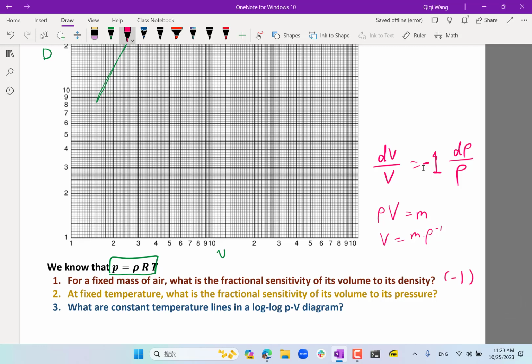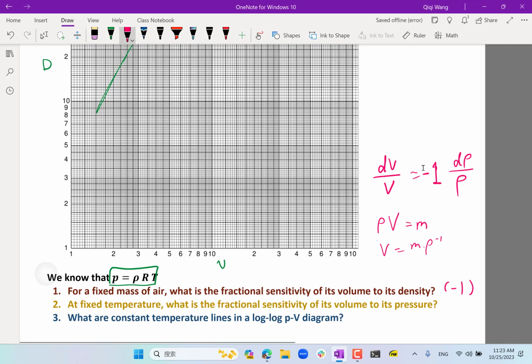And that means that if the x and y axes are not velocity and drag, let's write it as volume and density, we know this line is going to be like that. For the fixed mass, we have a -1 slope.